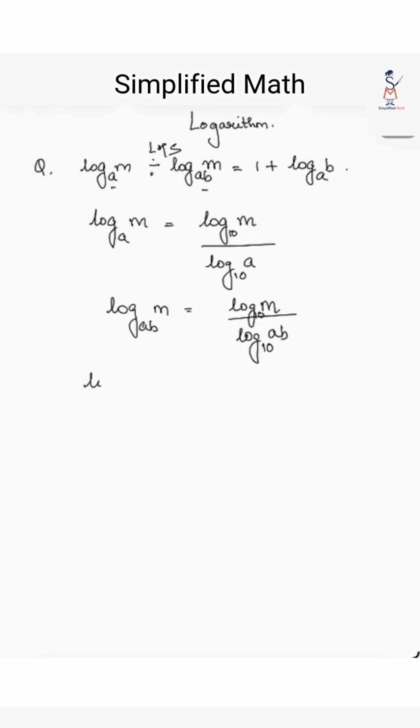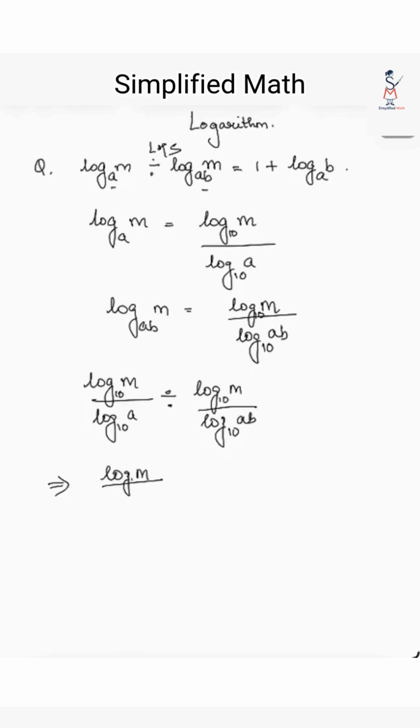Now log m to the base a can be written as log m to the base 10 by log a to the base 10 divided by log m to the base 10 divided by log ab to the base 10. Now this can be written as log m to the base 10 by log a to the base 10, and division becomes multiplication and the next term gets reciprocated.